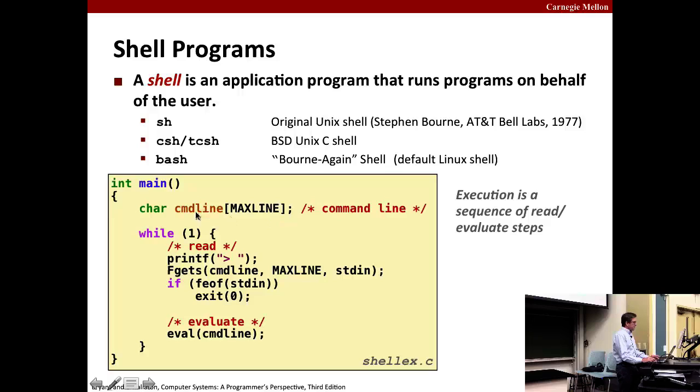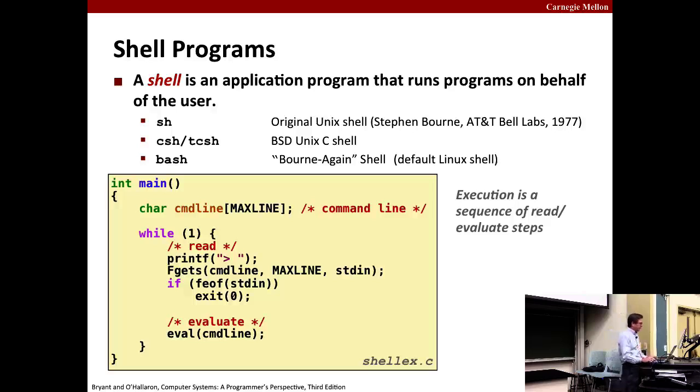Now, the execution in a shell is a sequence of read and evaluate steps. First, a shell prints out a prompt, and then it waits for you to type something in on the command line and hit return. Typically what you're typing in is a command, and then you follow that with optional arguments separated by spaces.